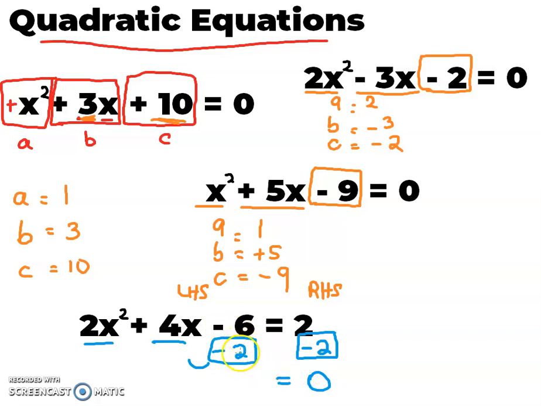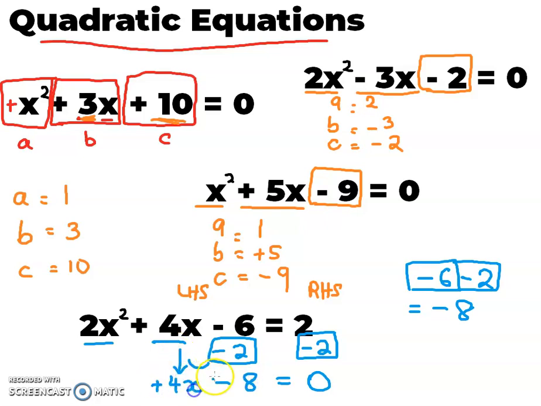Negative 6 minus 2 is very tricky. Negative 6 and negative 2 will give you negative 8 on the calculator. And 4x will stay as positive 4x, 2x squared will stay as 2x squared.